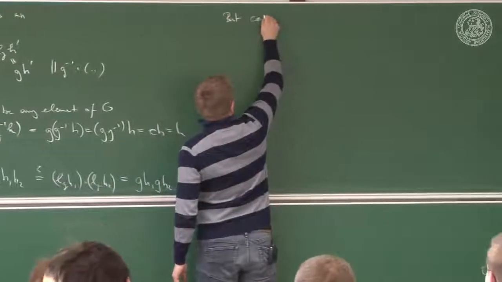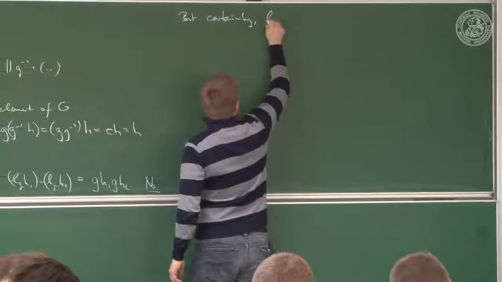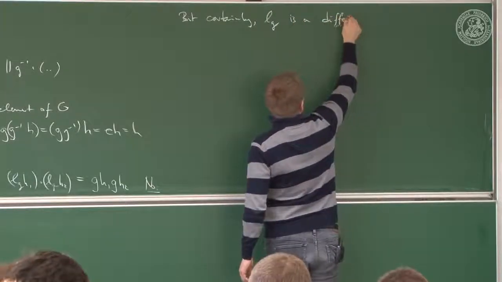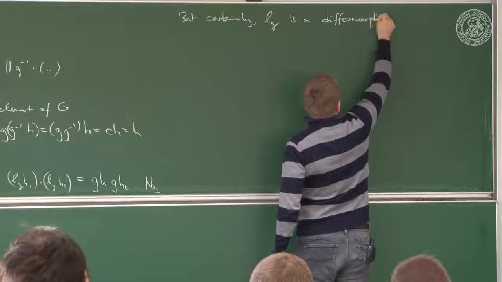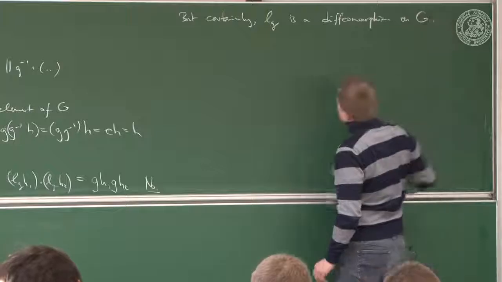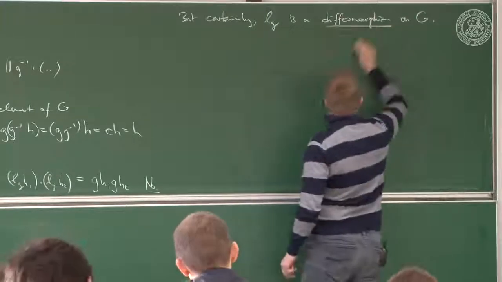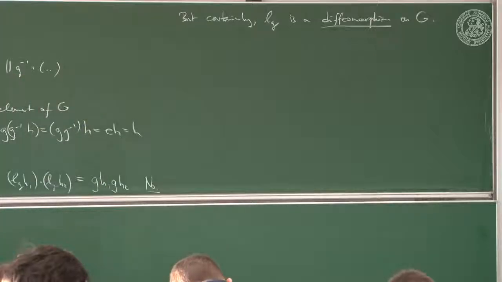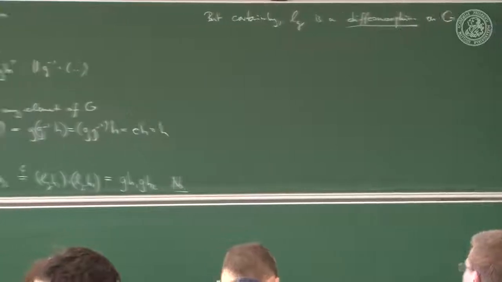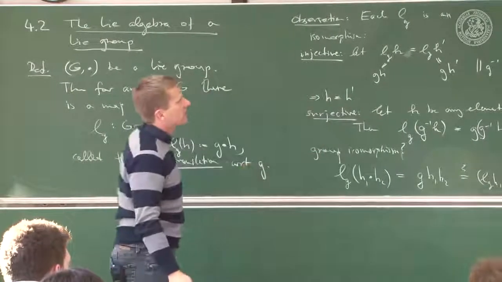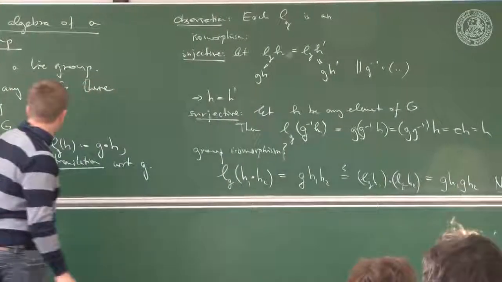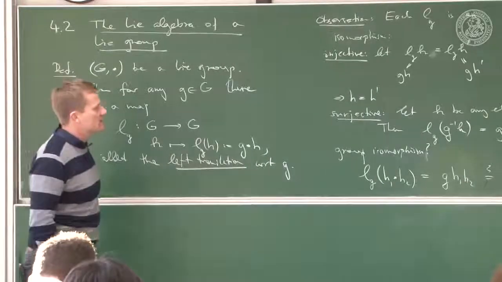But certainly L_g, any L_g, is a diffeomorphism from G to G, or we say on the underlying smooth manifold G. Okay. Not a Lie algebra isomorphism, because then it needs to be a diffeomorphism and also a group isomorphism, but it's a diffeomorphism on G. Now, why do I insist on this?